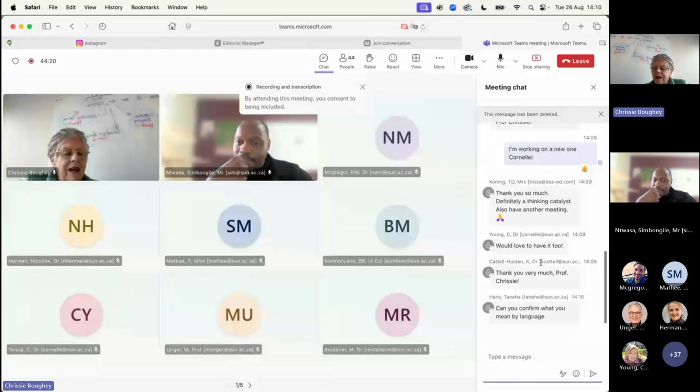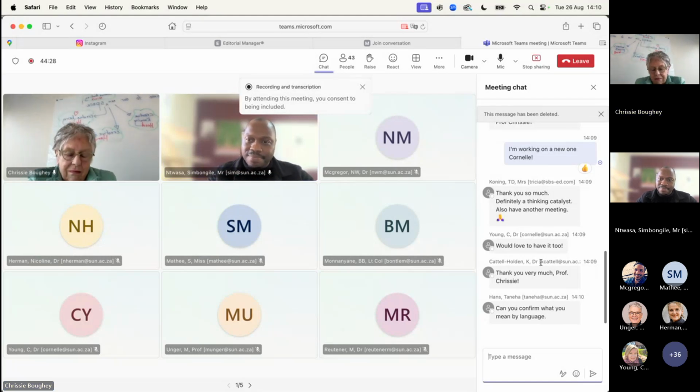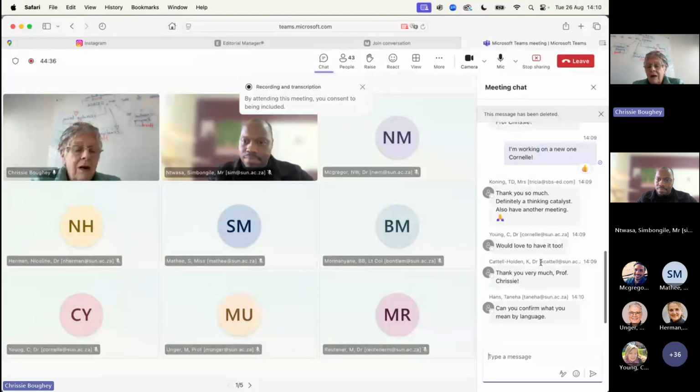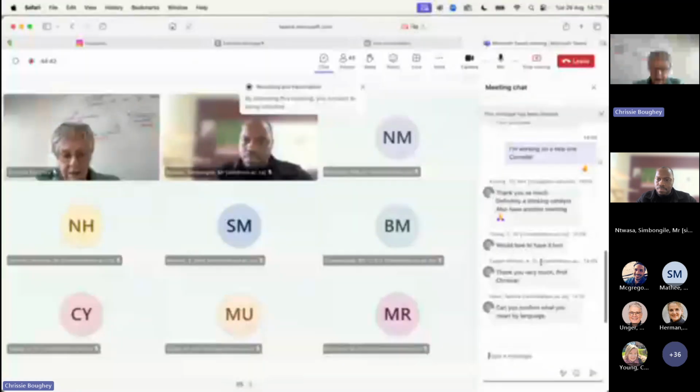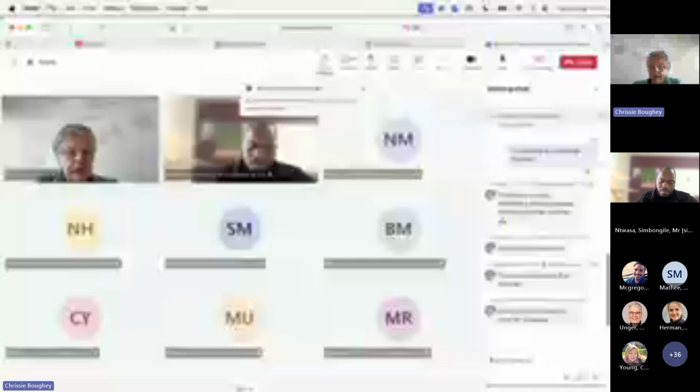There's one there, Sim. Can you confirm what you mean by language? Okay. I understand language as a resource that we have to make sense of the world around us. And the kind of language that I would draw on, I don't know whether you are a linguist, Taneha, I would draw on the work of Halliday to see language not as a tool to communicate ready-made meanings.